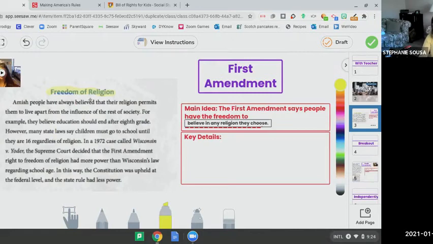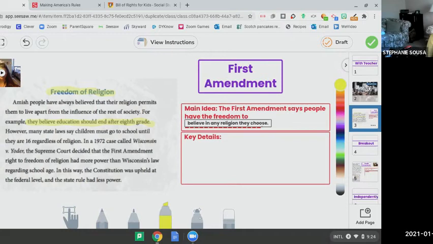Amish people have always believed that their religion permits them to live apart from the influence of the rest of society. For example, they believe education should end after 8th grade. So in their religion, you know everything that you need to know academically after 8th grade.